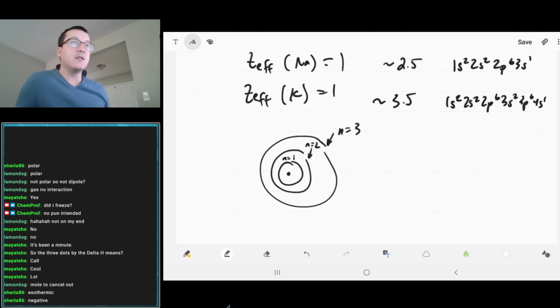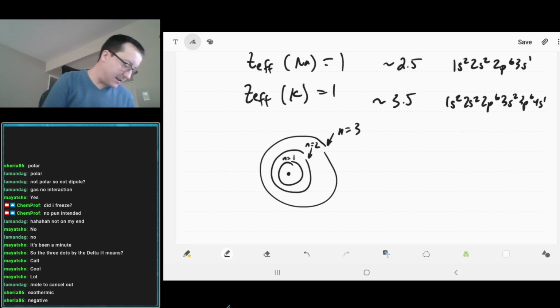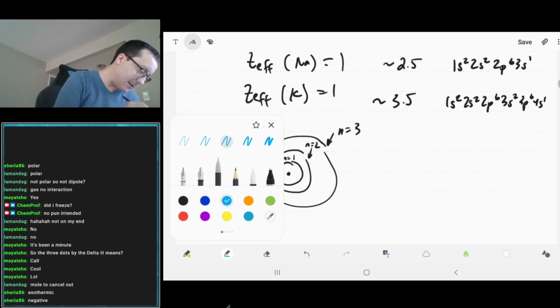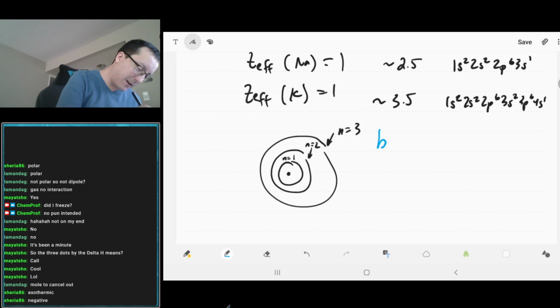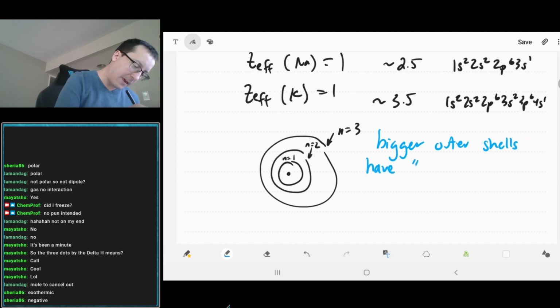This is also true for the quantum mechanical model, the one that we use now with all the SPDF stuff. The third one is bigger. And so what we're going to see is that the bigger outer shells have more diffuse core electrons.